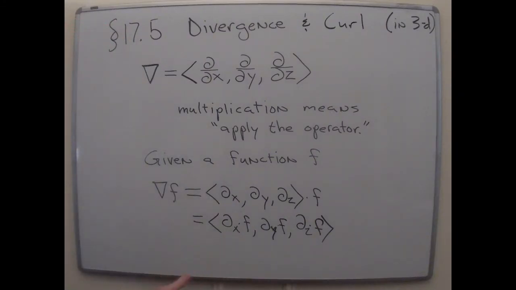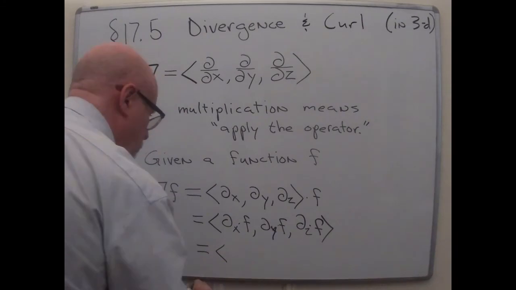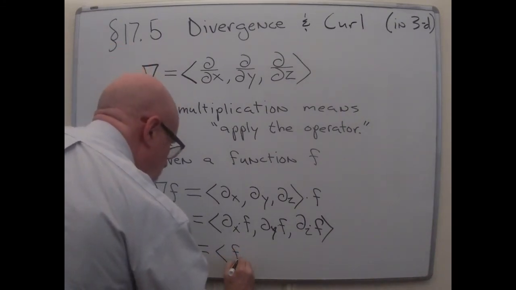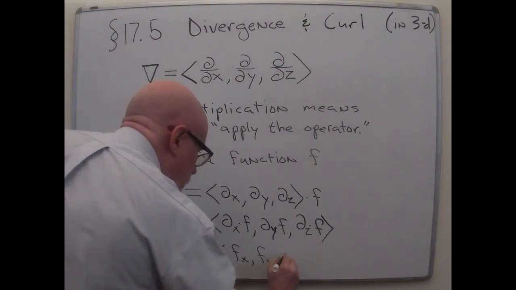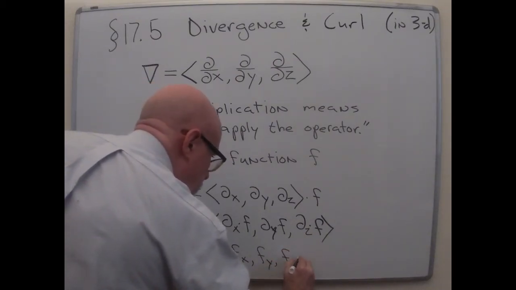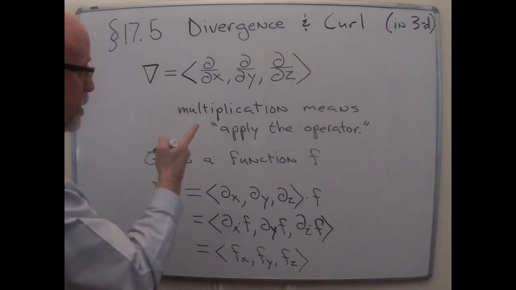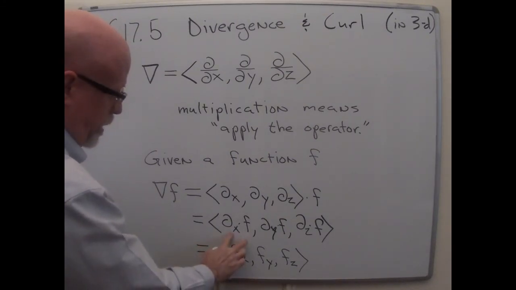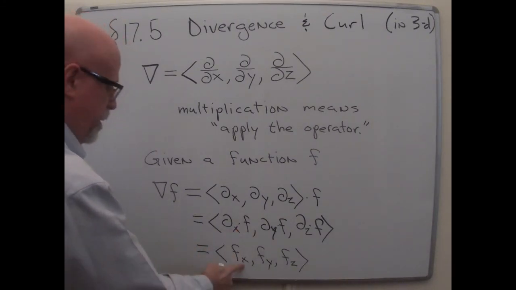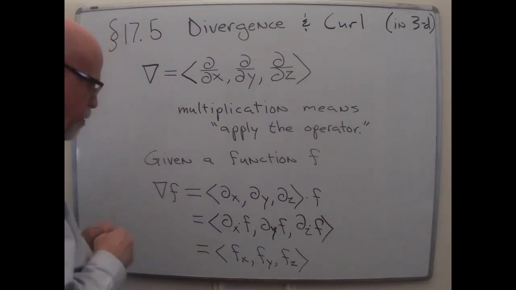So we get a vector of things, and it's probably better to write this in that more compact notation where you get f sub x, f sub y, and f sub z. So you see where the multiplication means apply the operator happened? It was from this step to here. Partial x times f means actually get the x partial of f. Do the operation to f.